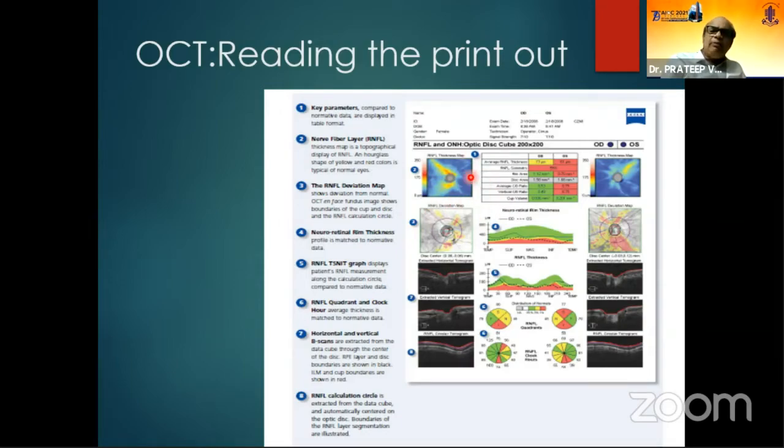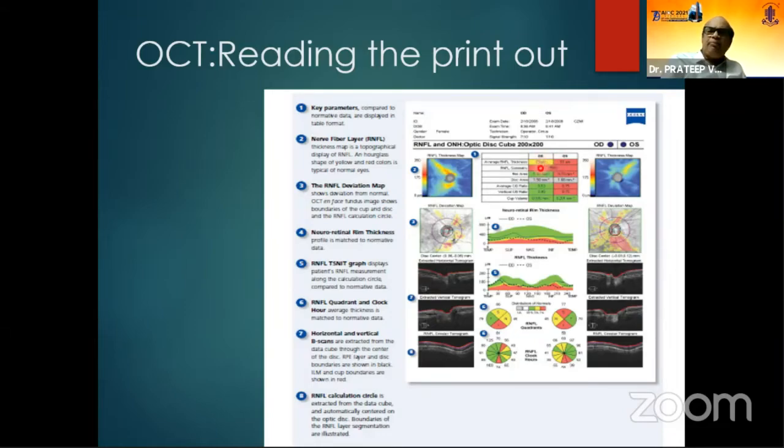So if you have a complete printout, what does it say? The first is the images of the RNFL thickness, and obviously there is a comparison of the right and the left eye in the same chart. Then there is the deviation map. In the center, you get the tomography where you can get the CD ratio, neuroretinal rim area, and neuroretinal rim volume, where the right and the left eye are always compared, and whatever difference is there from the normal deviation will be depicted in the color-coded forms.